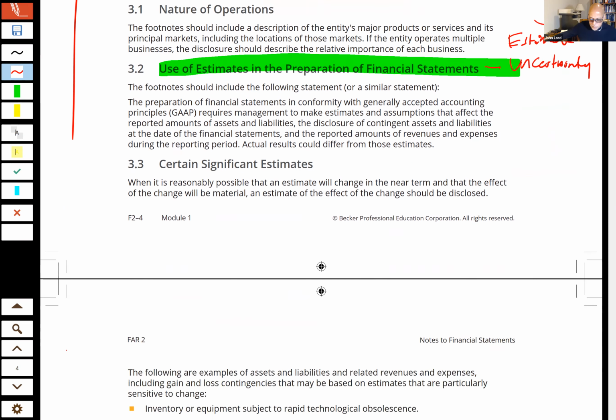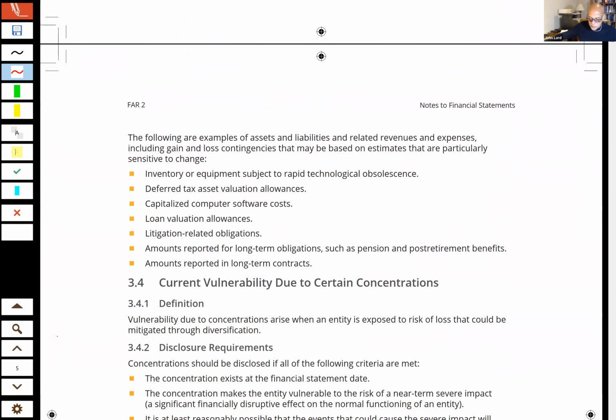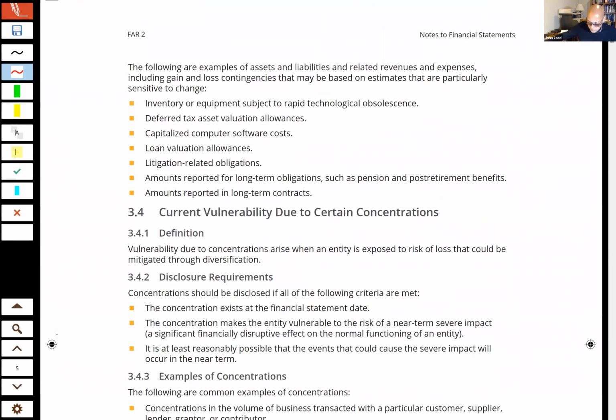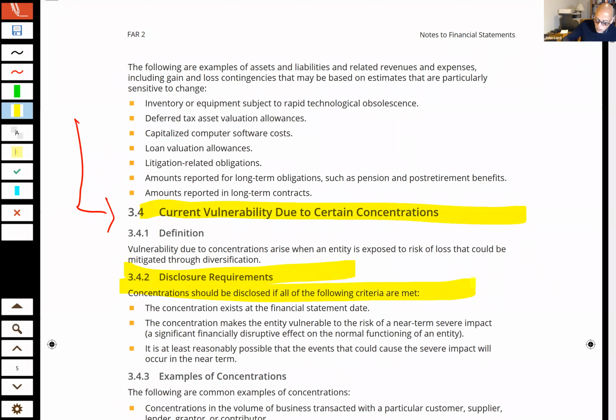Now you come over, and when we talk about risks, because it's risks and uncertainties, what is the nature of risks? When we talk about risk, we're talking about vulnerability due to certain concentrations. That's the risk that we're really talking about here. And our disclosure requirements say to disclose if all the following are met.